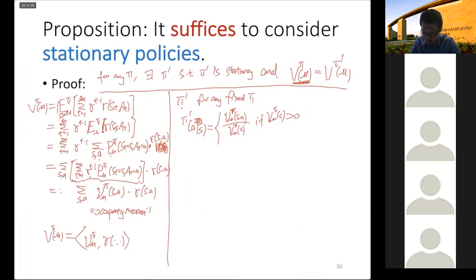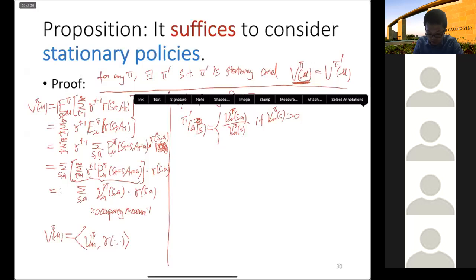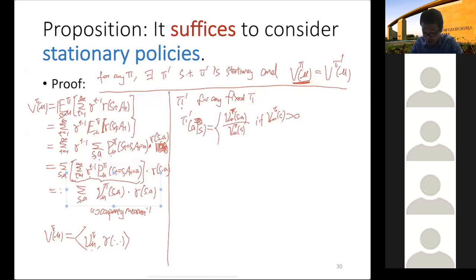The occupancy measure here depends on both state and actions. The occupancy measure depending only on the state is simply a normalization constant, the summation of the occupancy measure over actions. I'm summing everything up and dividing by its sum, then it gives me a probability distribution. So this is a valid policy.